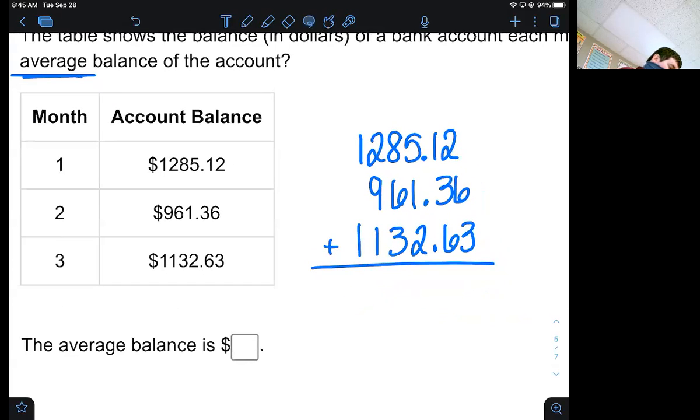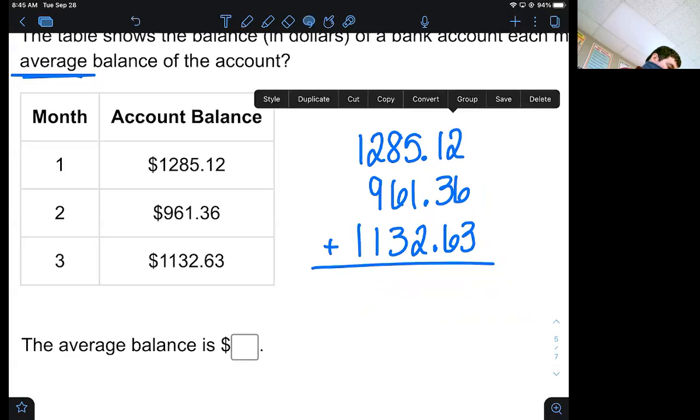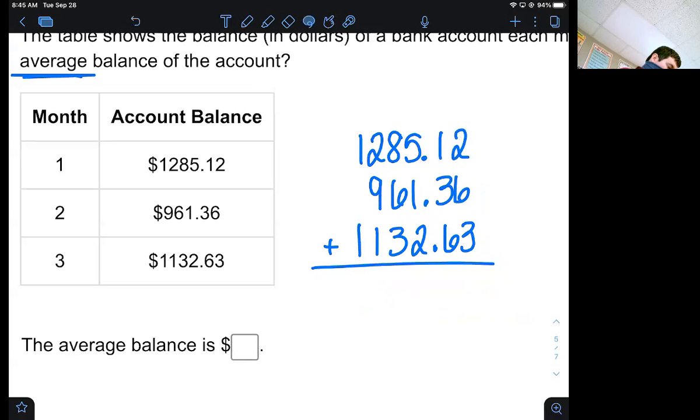I didn't do a very good job of lining up my decimal point, my digits. I'm going to try to. There we go. What's 2 plus 6 plus 3? 11. 6 and 3 and 1 makes 10, plus another one. 11. Drop down your decimal point.